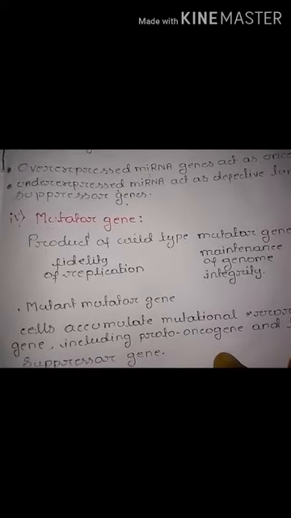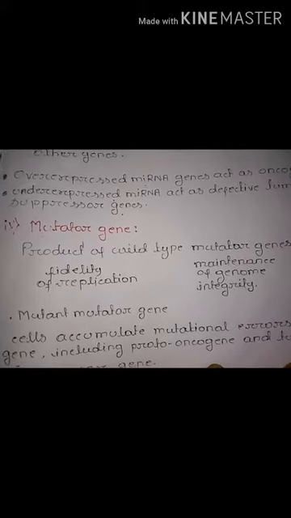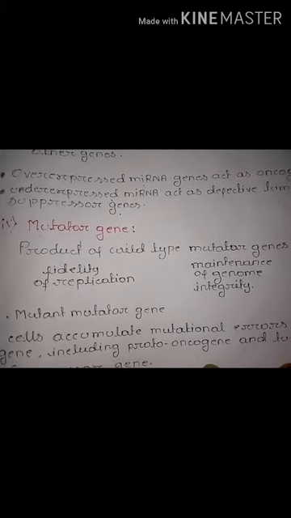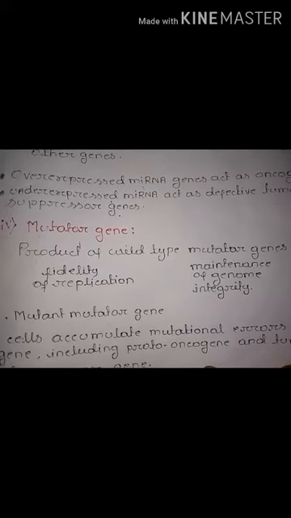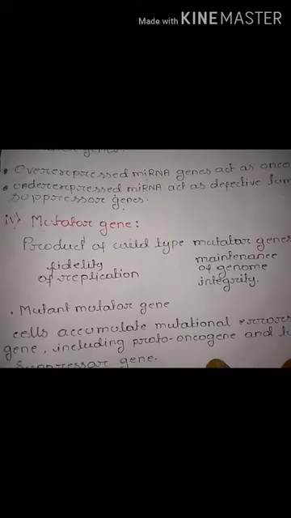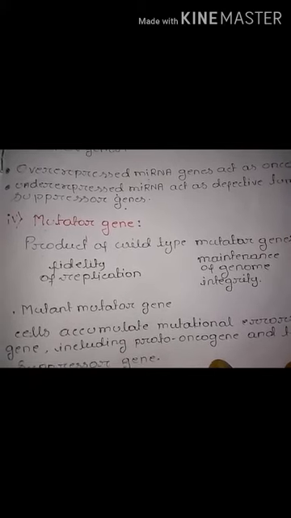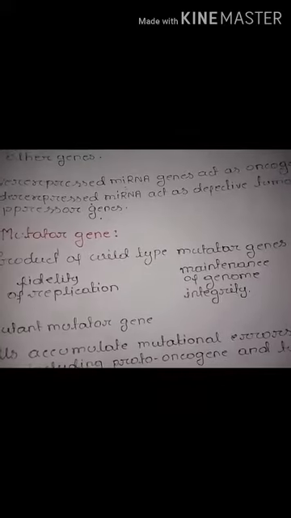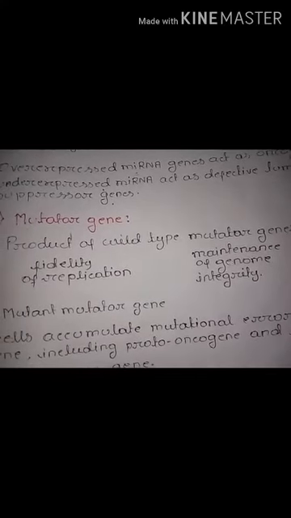When replication occurs, the DNA polymerase that synthesizes the daughter strand makes some errors during the replication process, which are proofread by the DNA polymerase itself.